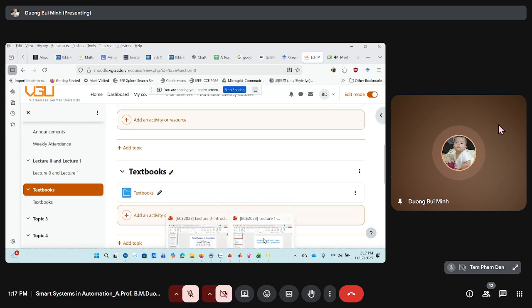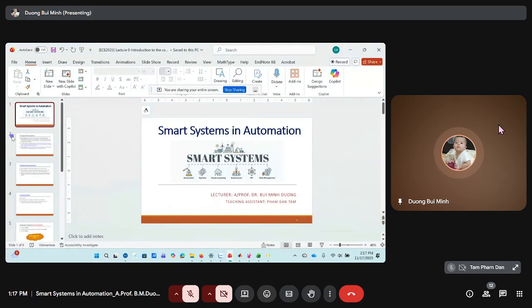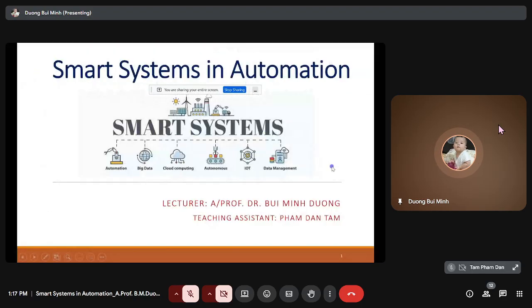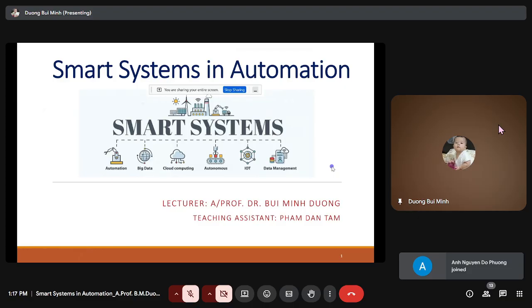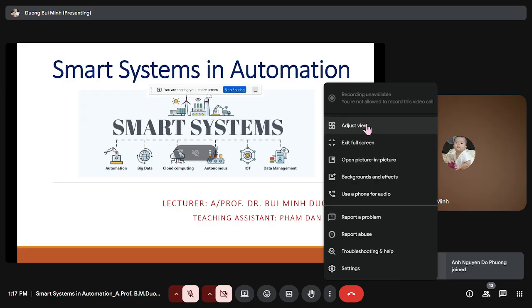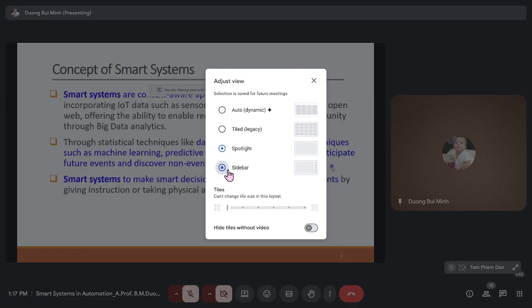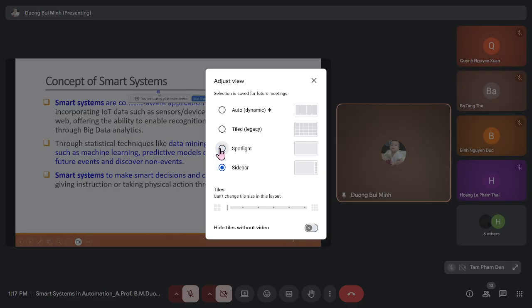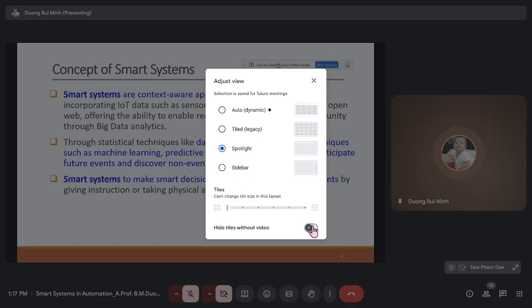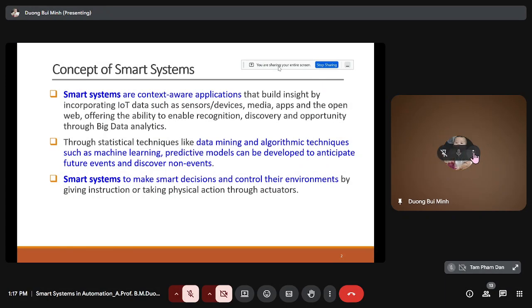And now we come to lecture 0, that means the introduction of this course. First of all, you need to understand the concept of smart systems.